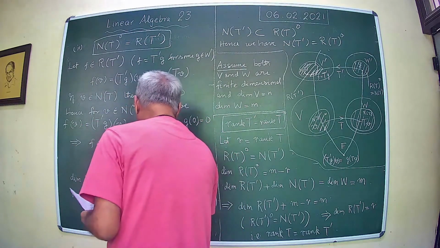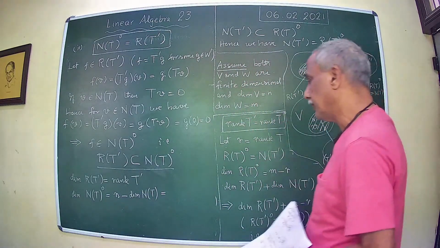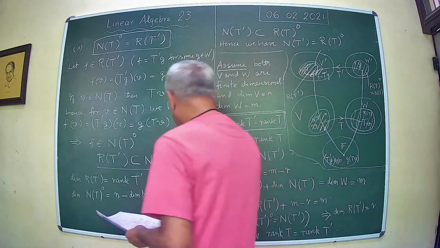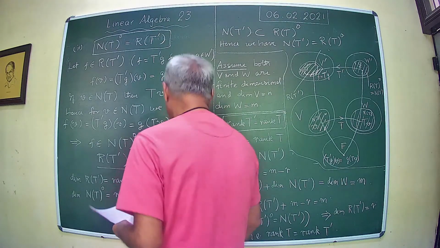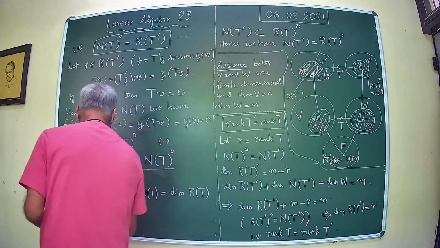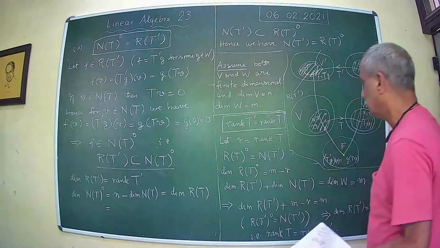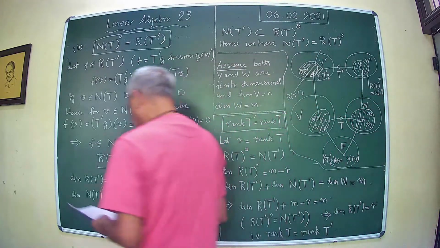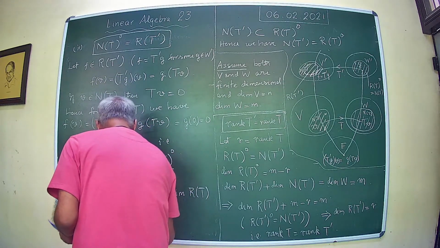And that's equal to n minus dimension of NT equal to dimension of RT. Why? Because dimension of NT plus dimension of RT equal to n. Therefore, this is equal to dimension of RT. And that is equal to, because both T and T prime have the same rank, dimension of RT prime.